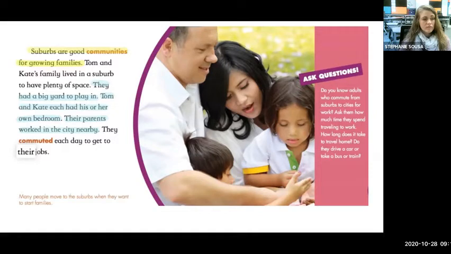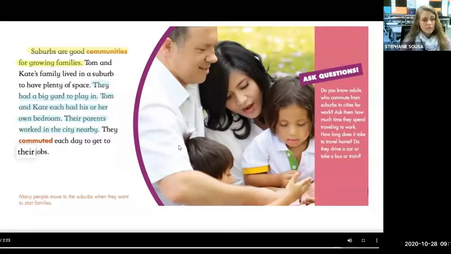This author supports the point that suburban communities are good communities for families by listing these facts. So remember, this is the author's opinion that suburbs are good communities. Good is that opinion word.